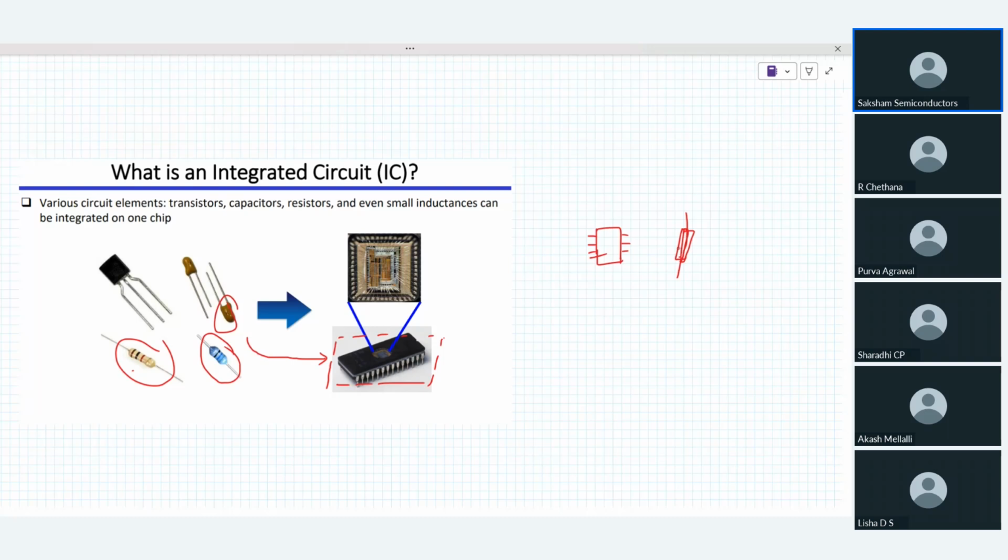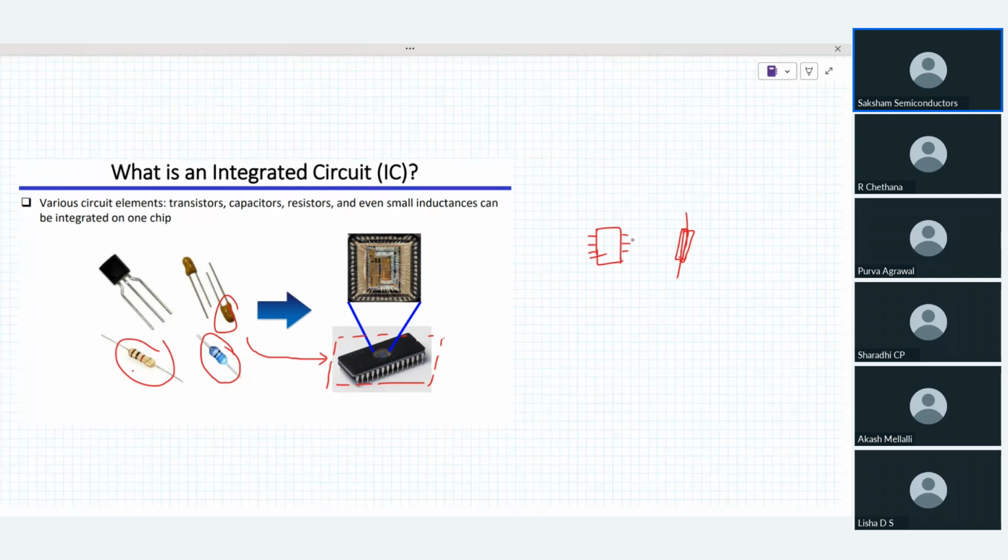Just imagine putting actual resistors and actual capacitors and trying to build an integrated circuit. It would definitely consume a lot of area. And possibly by now, you would not have mobile phones of the same size that you are using right now. They would have been the size of your laptops, because I cannot join all these components and call that an integrated circuit.